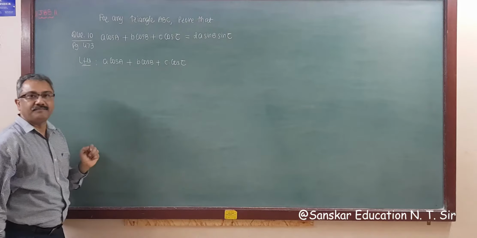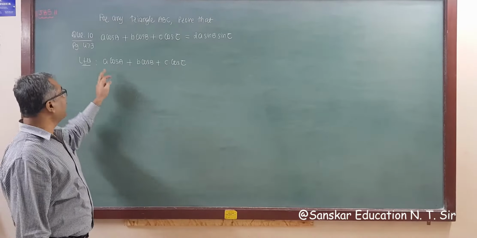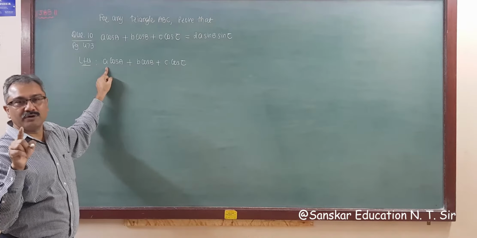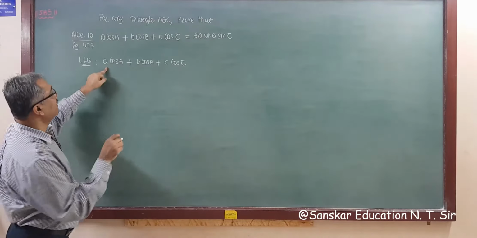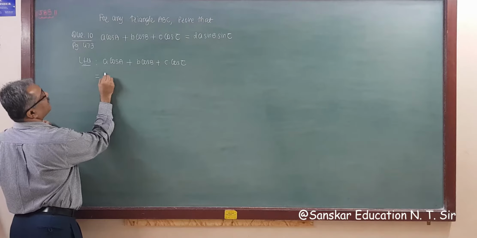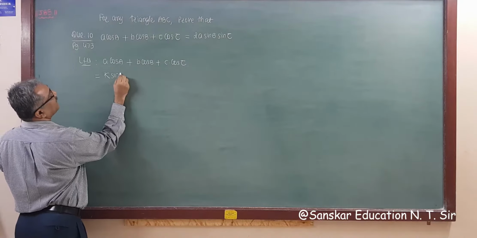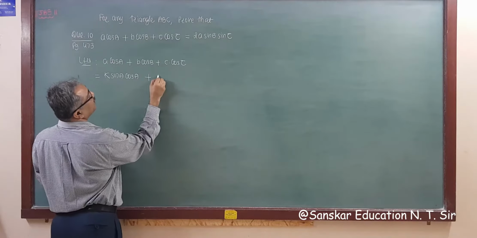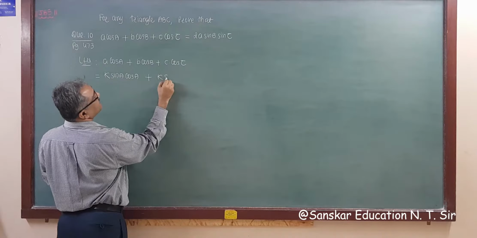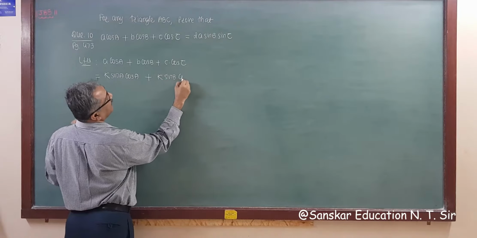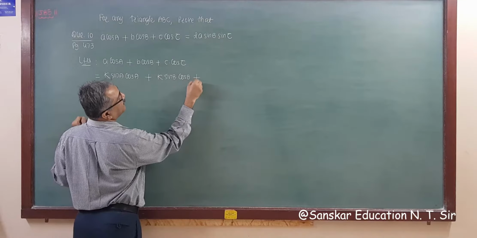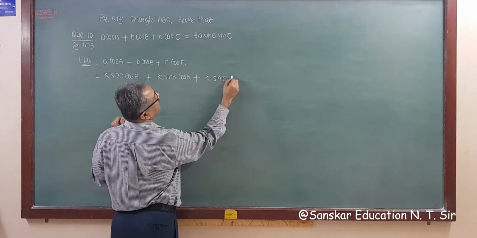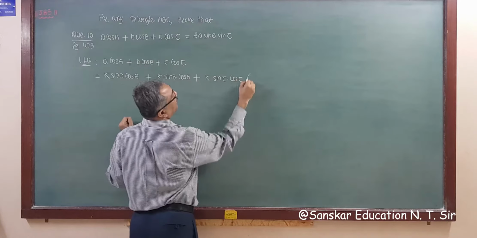This is given. Now using the sine formula, a is equal to K sin A, that you know, so I am not going to write it again, right? So using the sine formula, small a is equal to K sin A into cos A, plus b is equal to K sin B into cos B, and plus c is equal to K sin C into cos C. Why?